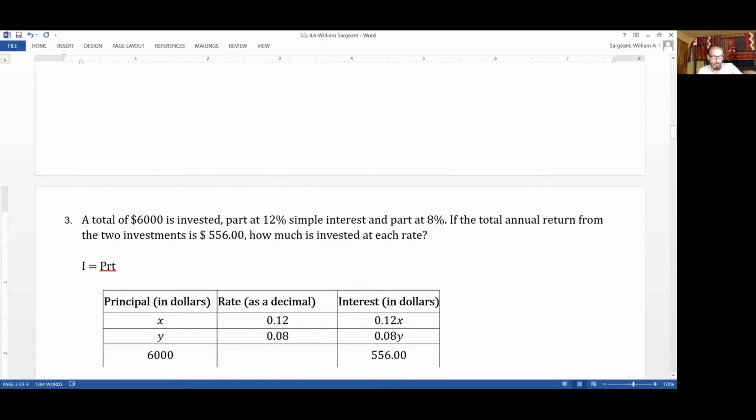Well, annual return means that T is going to be 1 year. Therefore, what we're seeing in this third column of the table, we're multiplying P times R times 1, which won't change it, to give us this for the 12% account. Similarly, across the rows for the 8% accounts, there is no rate to talk about for that total.